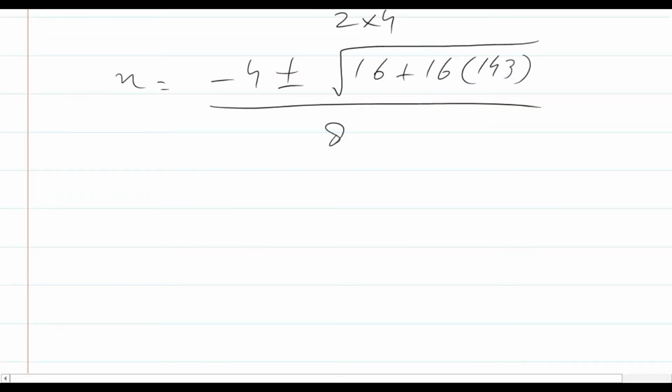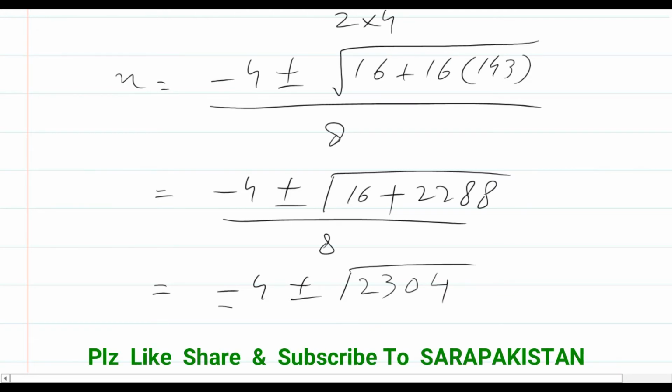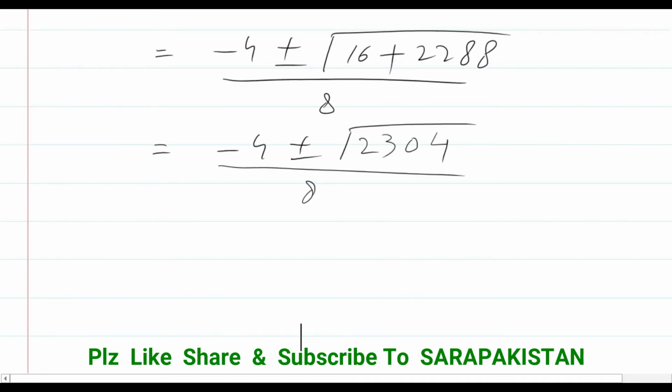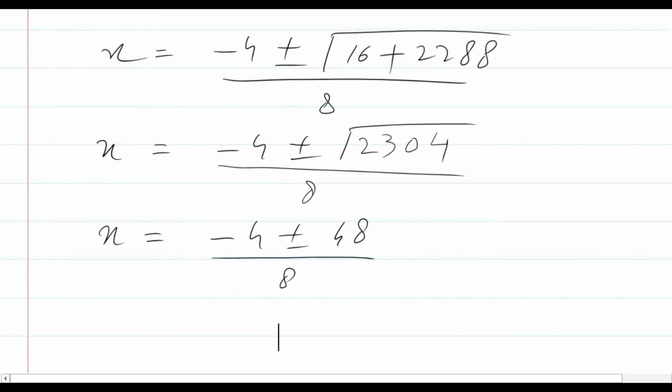Now on simplification you will get minus 4 plus minus square root of 16 plus 2288 over 8, so x will be equal to minus 4 plus minus 48 over 8, and now you can divide it in two parts.